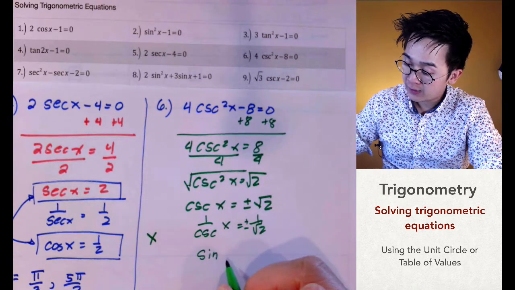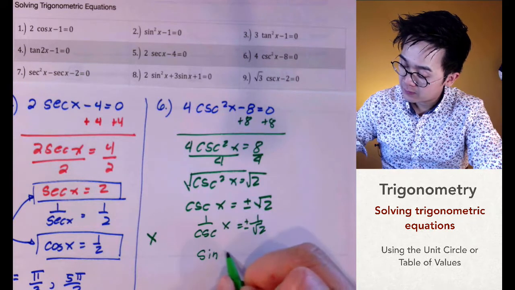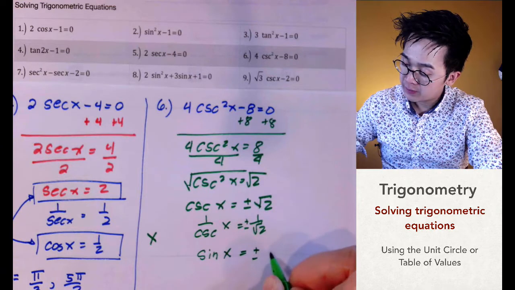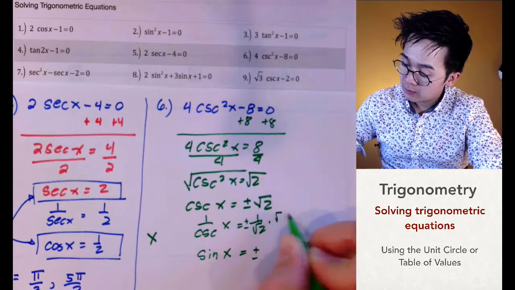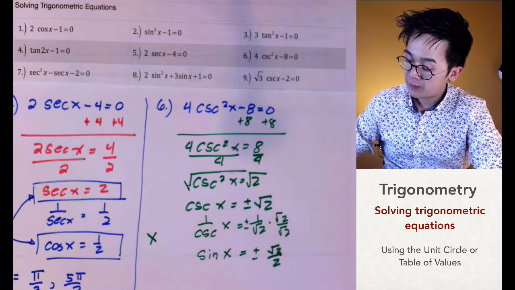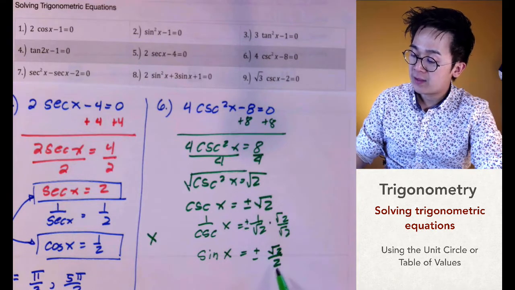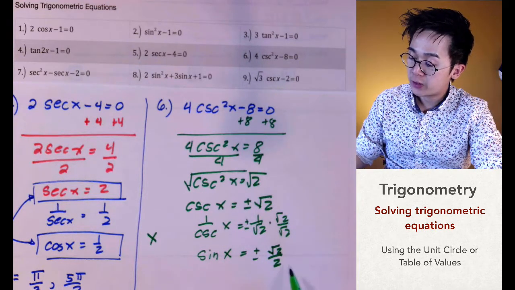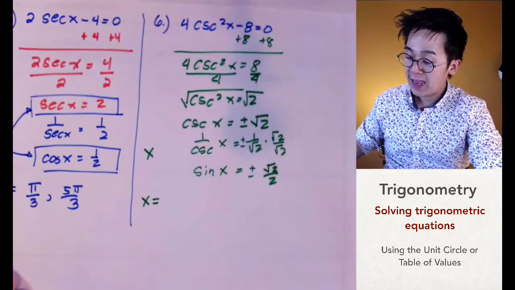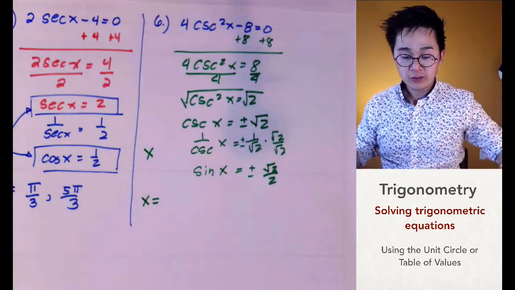So we have sine x equal to plus or minus square root of 2 all over 2. So we're going to be looking for all the values of sine x that give us plus or minus square root of 2 all over 2, since it's the inverse of the function. So we'll have 4 values of this in our unit circle or table of values.